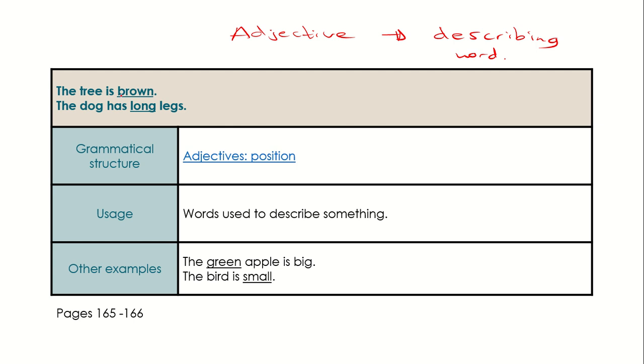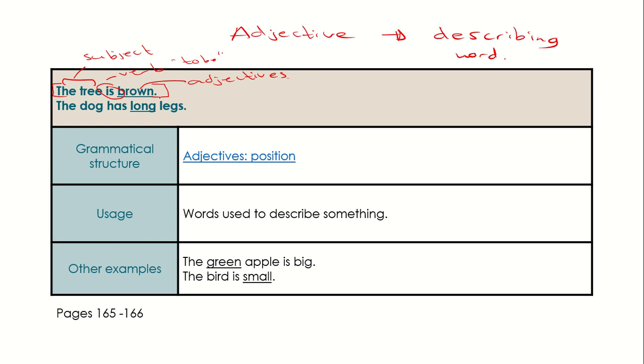So when we use a describing word in the sentence over here, we say the tree is brown. So the tree, that's my subject. Is my verb in the form to be. And brown is our adjective, the word that tells me about the tree, the noun.